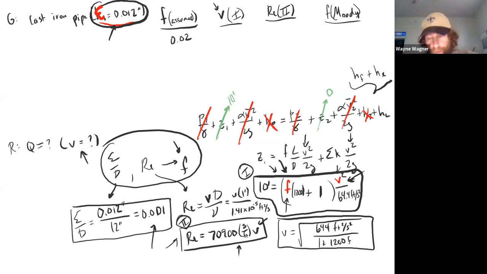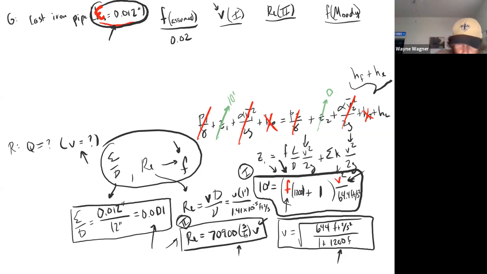From this point on, if you're solving this, you're just a machine. Okay, let's see, 0.02. I'm plugging in here 0.02 times 1200, and I'm going to add 1. Raise that to the -1 to get it on the bottom, multiply it times 644, raise that to the half power.